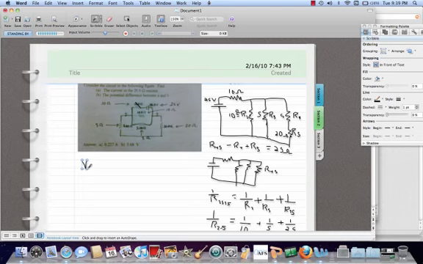So V of 4,5 equals V total, so the battery voltage, minus V1.